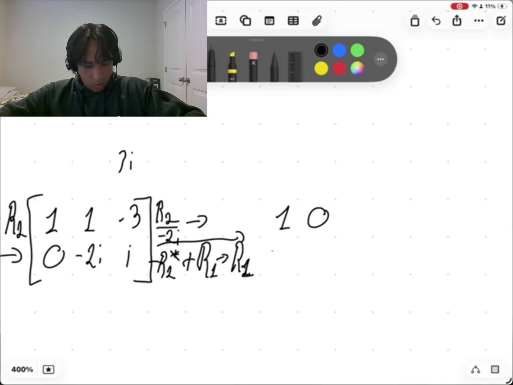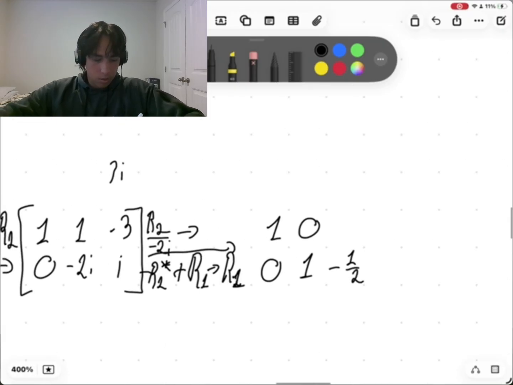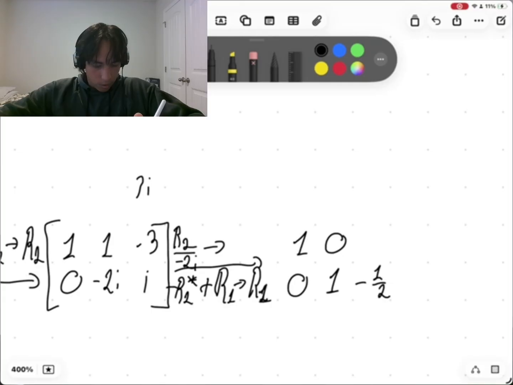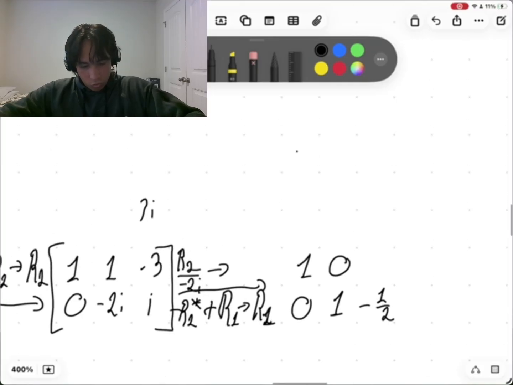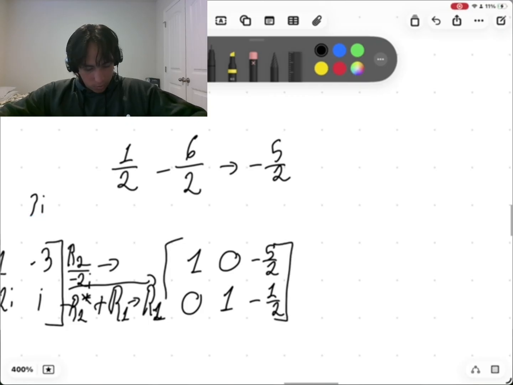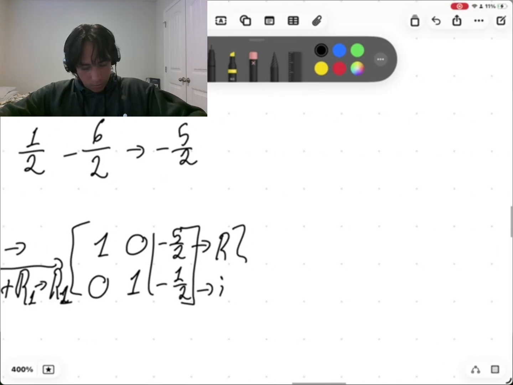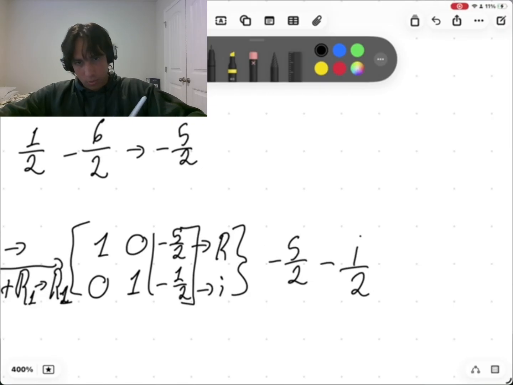Making it 1, 0, 0, 1. This is -1/2. And 6 over 2, 1/2. This is going to be -5 over 2. It's going to be 5 over 2. Boom. This is the real part. This is the imaginary part. And this becomes -5 over 2 minus i over 2.